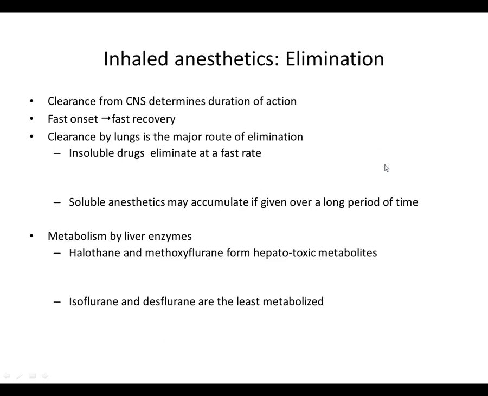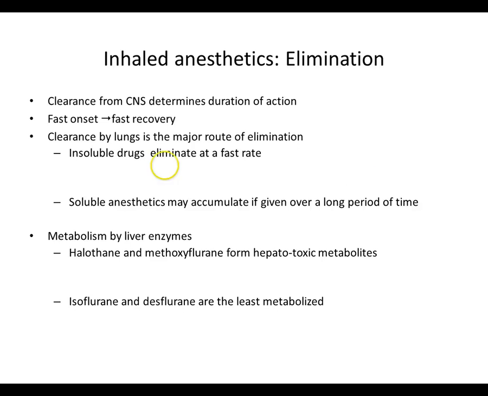Just like the rate of onset of the drug action depended on the distribution of the drug from the lung to the blood to the central nervous system, the elimination, or termination of action, is defined by the clearance from the central nervous system back to the blood, and then the majority of the drug is released through the ventilation.